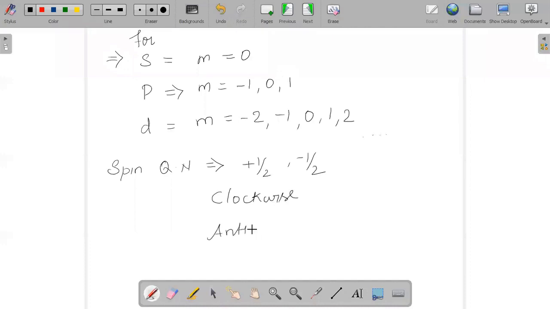If clockwise, it will be equal to plus half, and if anti-clockwise, it will be equal to minus half. There is not much formula or relation we need to calculate related to that.